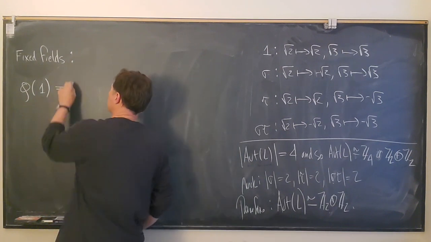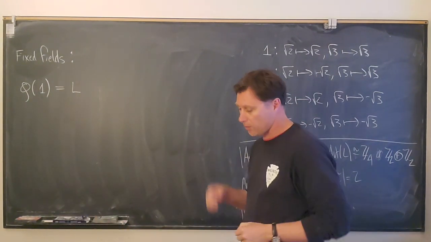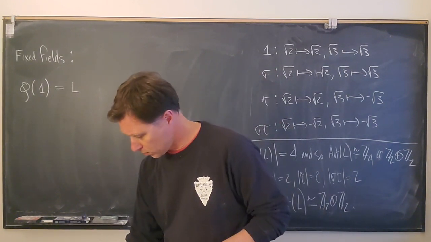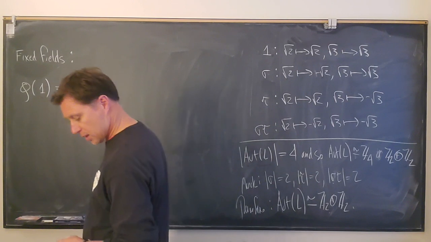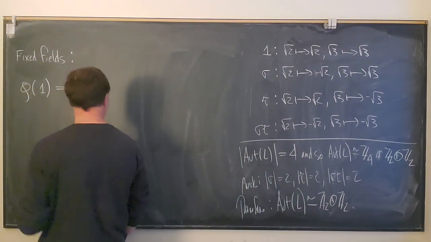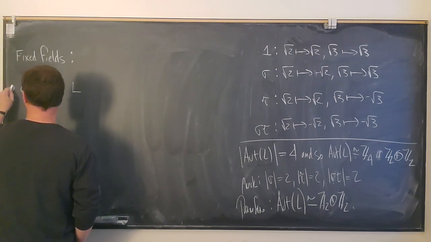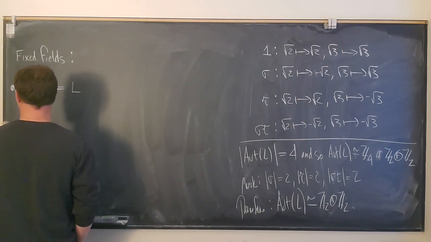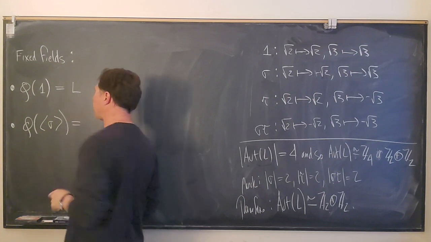Well, everybody is fixed by the identity, so the fixed field of the trivial subgroup is equal to L. So now we want to look at the fixed field of the subgroup generated by sigma. So let's kind of bullet point this. There's our first one. So now let's consider the fixed field of the cyclic subgroup generated by sigma.